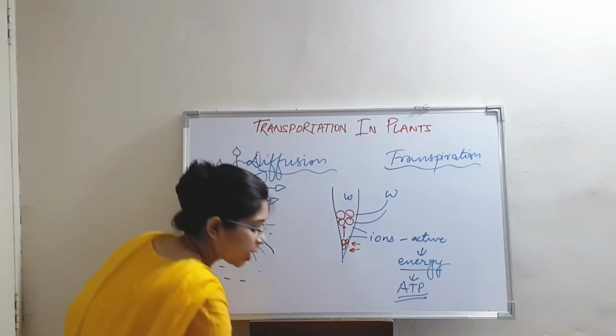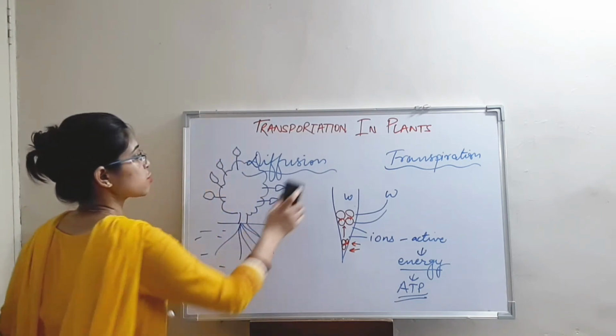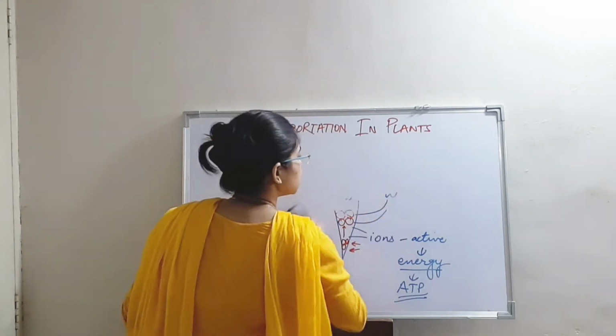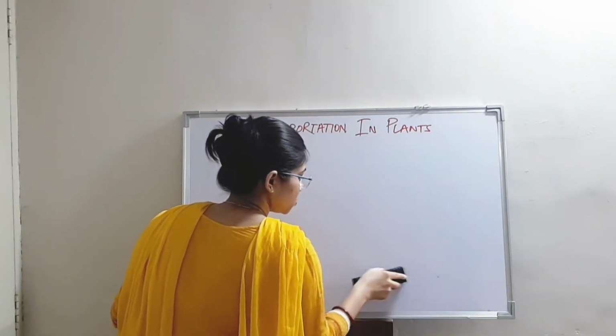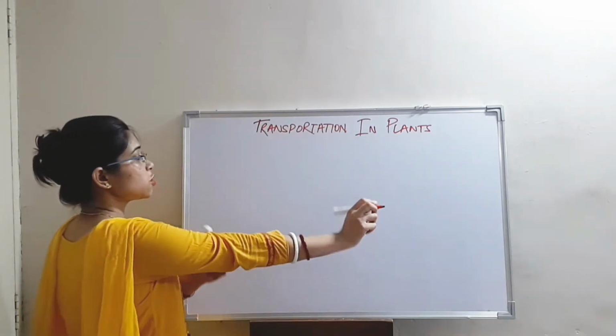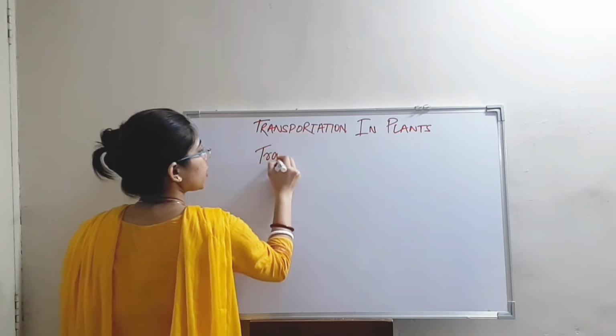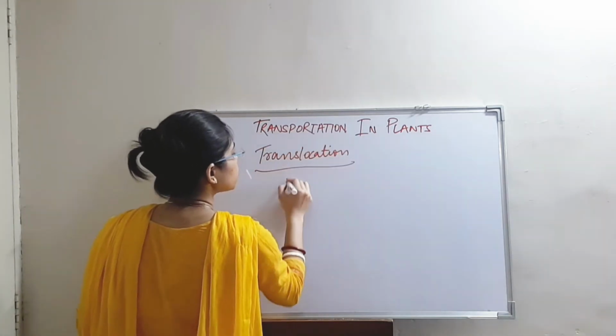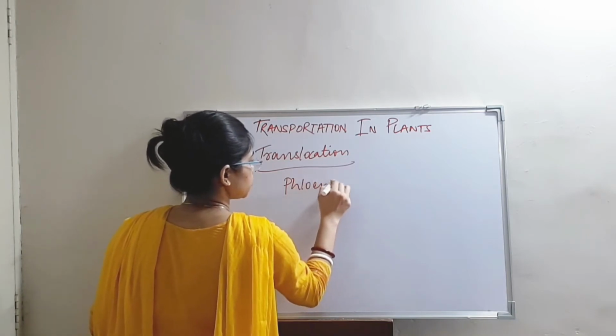Now we will see how the phloem is helpful in the transportation of food particles. The transportation of food particles is known as translocation, and this takes place with the help of phloem tissue.